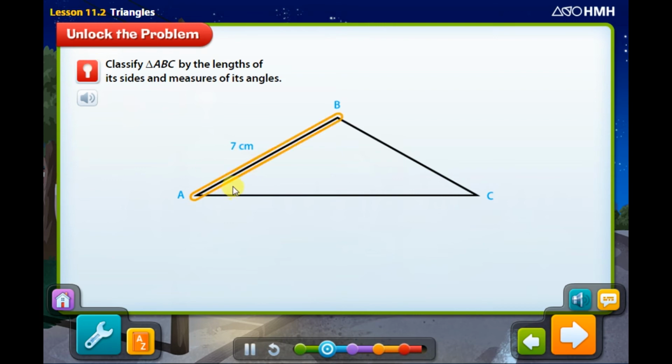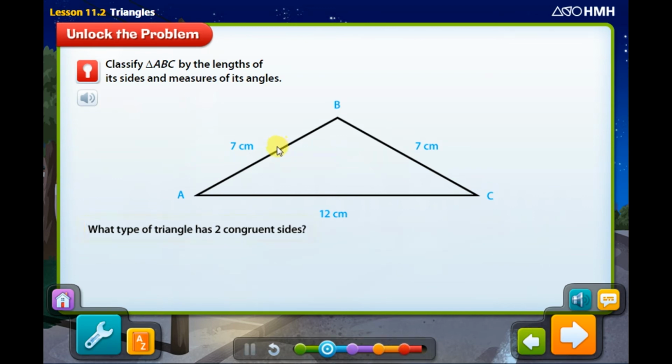The length of line segment AB is 7 centimeters. The length of line segment BC is 7 centimeters. The length of line segment AC is 12 centimeters. Notice that triangle ABC has two congruent sides. What type of triangle has only two congruent sides?